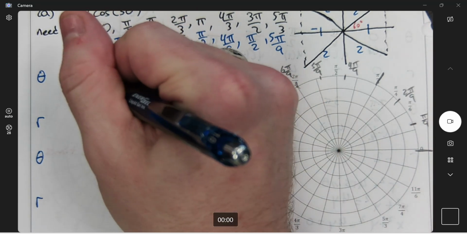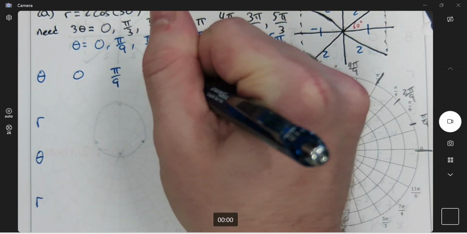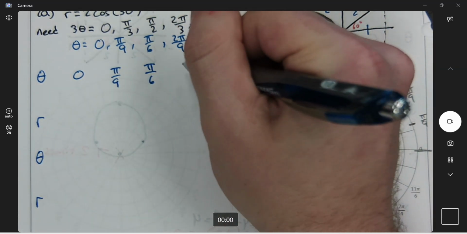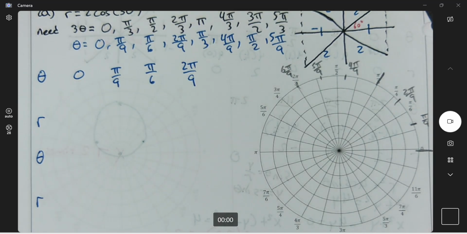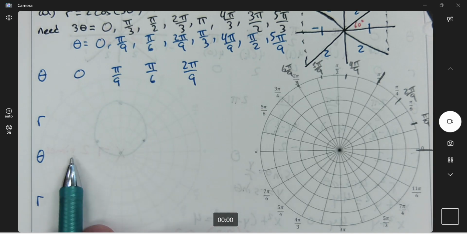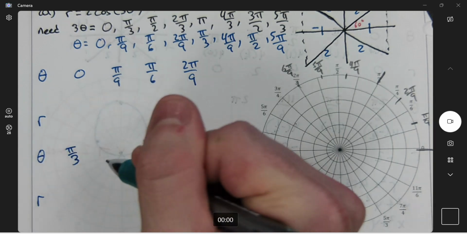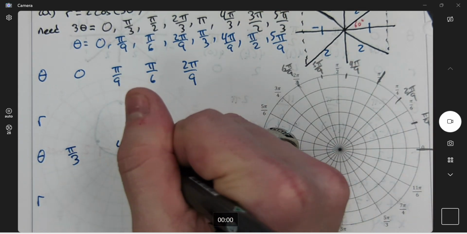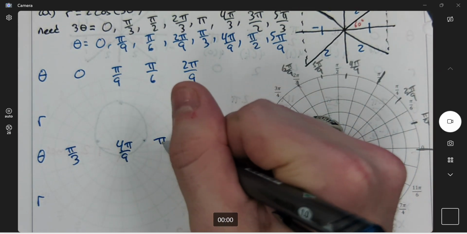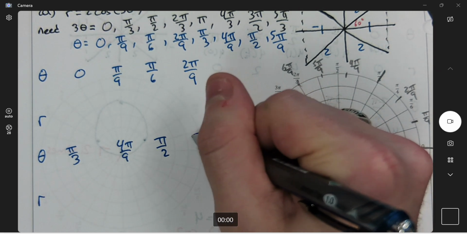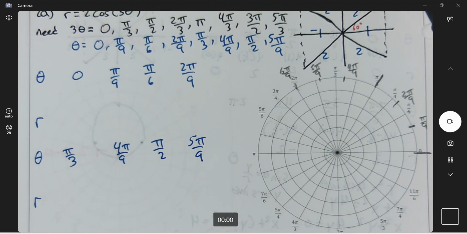The first 4 will go here. The next 4, for space purposes, will go down here. And we are ready to go to work.